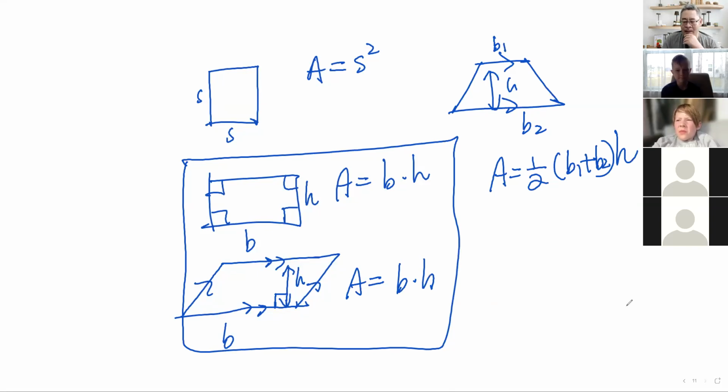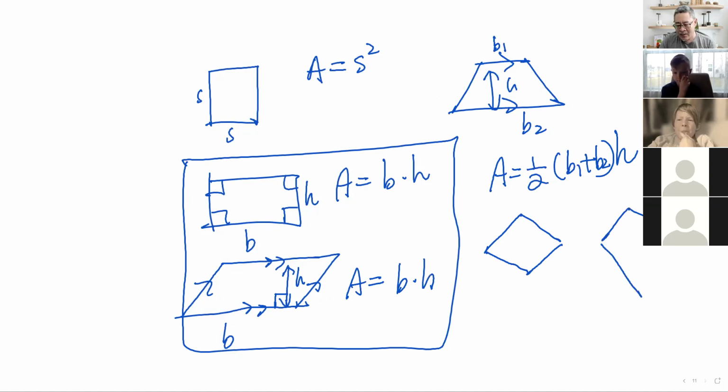Okay, all good here? All right. As far as the quadrilaterals go, we haven't dealt with the rhombus and the kite yet.